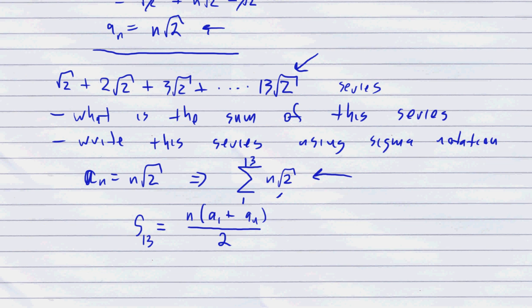Well, n is 13, a sub 1 is rad 2, and since we're adding up the first 13 terms, a sub 13 is 13 rad 2.